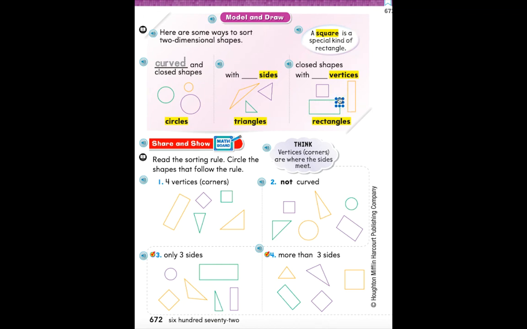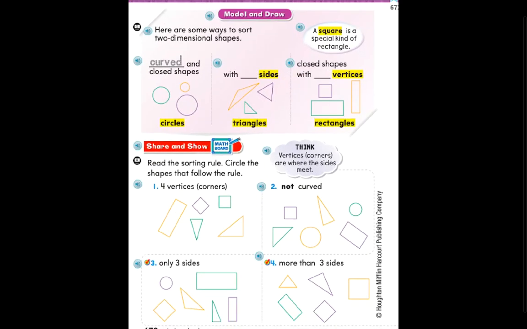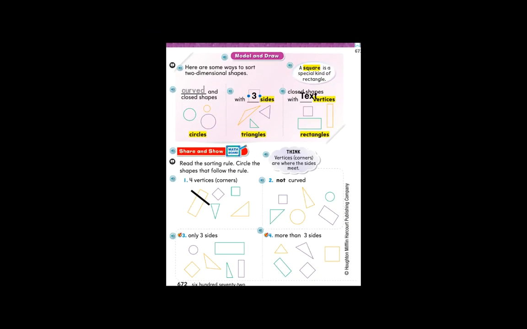One, two, three, and four. These are the four vertices of the rectangle and the four vertices of the square. Now let's solve the exercise together.